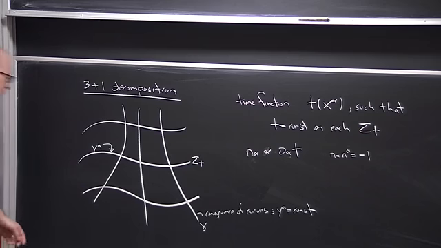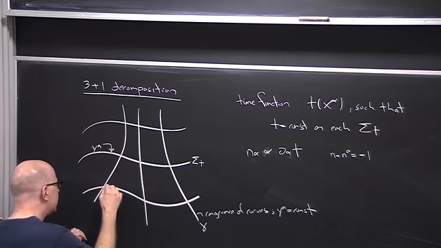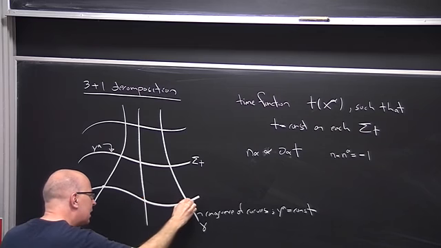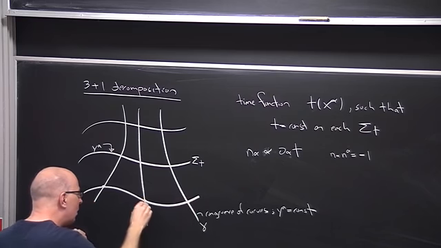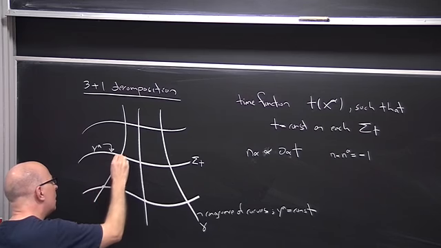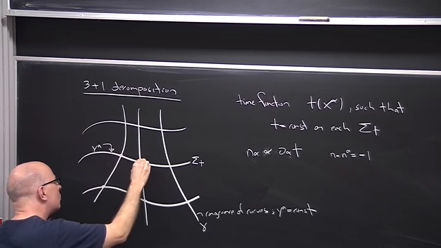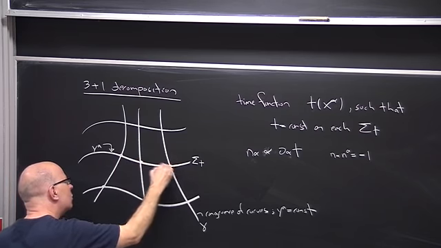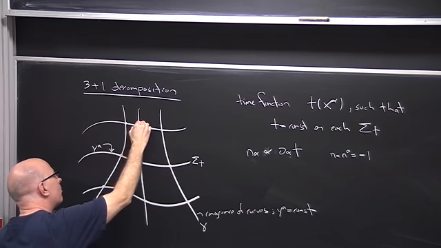So if I imagine setting up a coordinate system on this first hypersurface, then at this point I will have a triplet of numbers y^A. At this point I will have another triplet, and I will have another triplet here. The point is that I will follow the curves upward, and whatever y^A triplet I had here, I will find it's here also. I will adopt it here also, and so on and so forth.